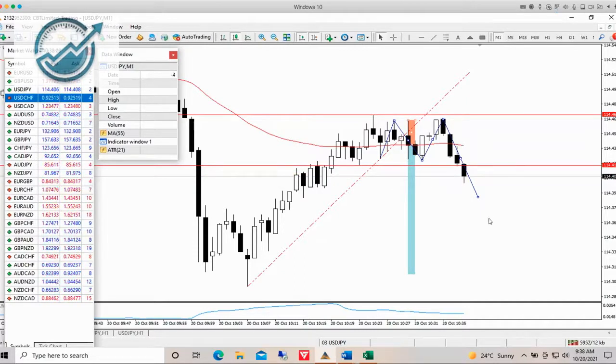Some way to go in this candle, however. Now, the next thing that we would be looking to trade, assuming that this does carry on, and of course, we know what they say about assumption, but let me just get ahead of the game here. If we do get this bearish breakout and then get a retracement, we would then be looking to take a trade on the impulse strategy.